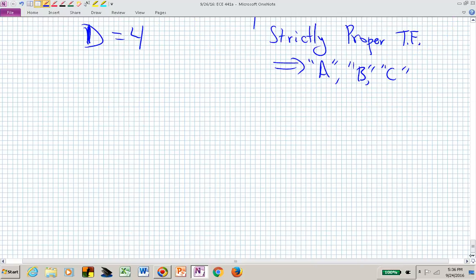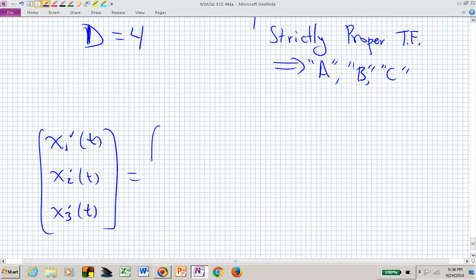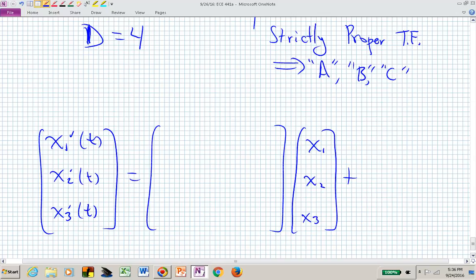Which now allows us to say, we have x1 prime, x2 prime, x3 prime equal to a square matrix, that's our system matrix, times x1, x2, x3, plus our input matrix times u of t.